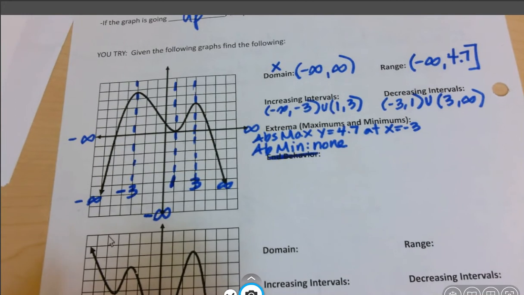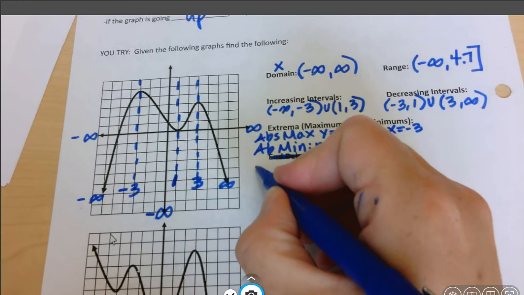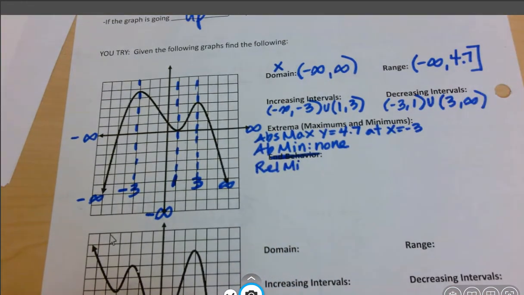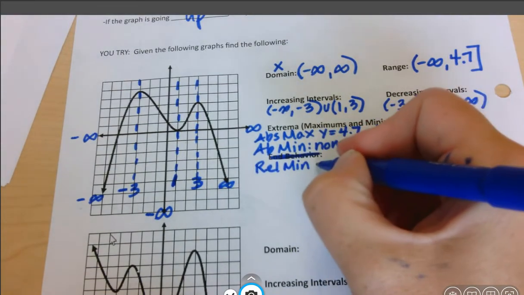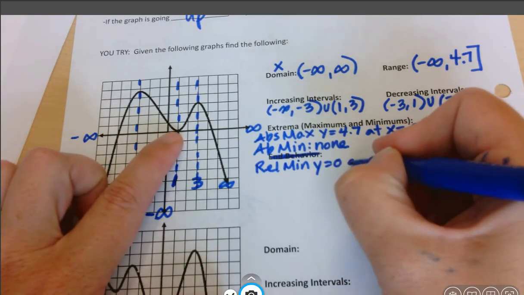Okay, we need relative minimum. What's our relative minimum? Where it dips down? What's that value where it dips down? Yeah, so you're looking at the y value, and that's 0. So relative min, y equals 0 at x equals 1.